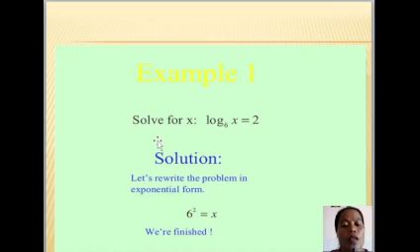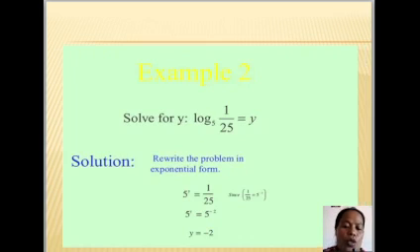Remember, exponents are logarithms, so converting to exponential form is very easy. We have 6 squared is equal to x, and 6 squared is 36 because 6 times 6 is 36. So the unknown x here is 36.